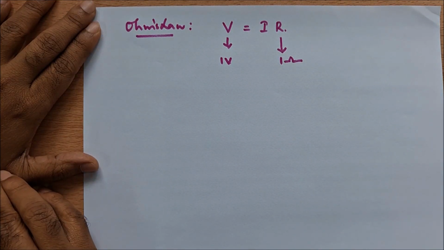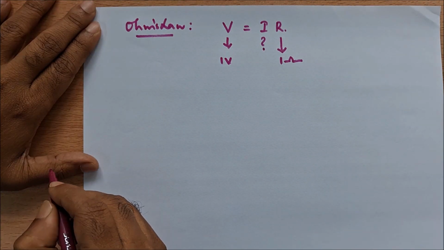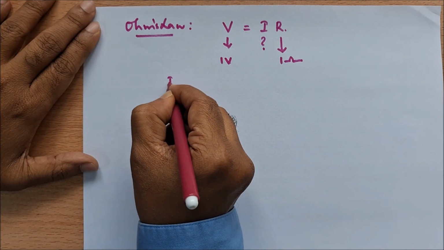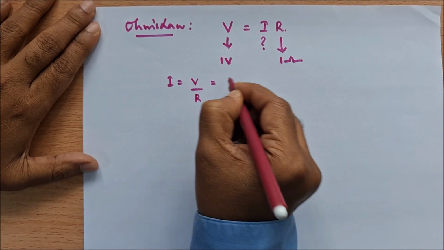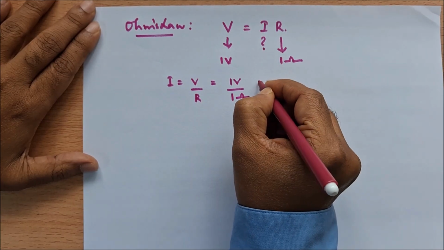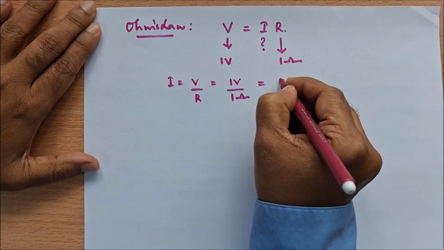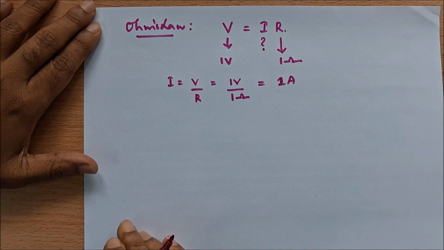So what will be the current I? Well, the current I is equal to V upon R, which means 1 volt upon 1 ohm, which is 1 ampere. Okay, so this is just an example.